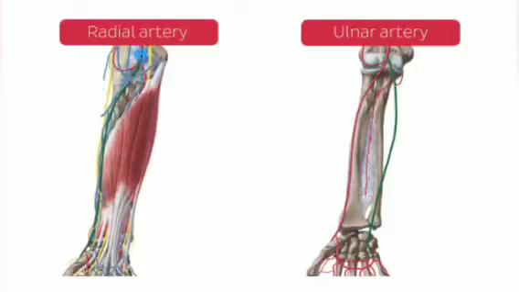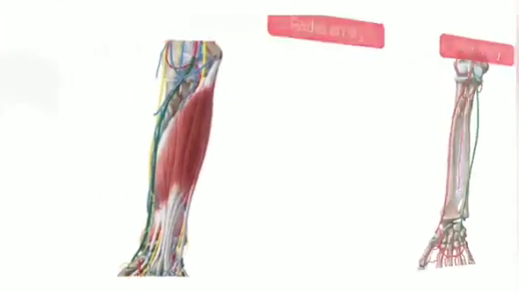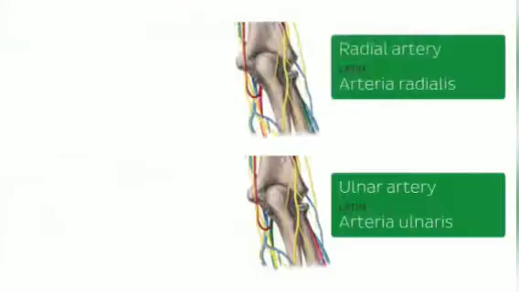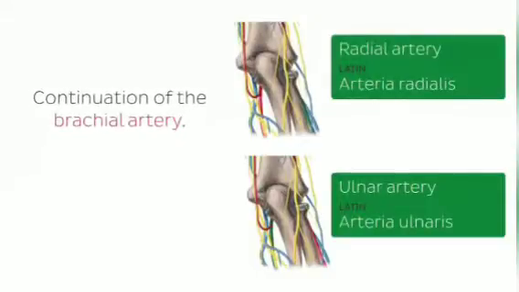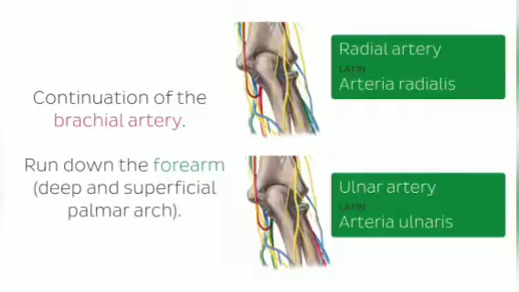And notice here that this is the brachial artery that is splitting up to become the radial and then the ulnar arteries. As I mentioned, both these arteries are a continuation of the brachial artery, and they run down the forearm in order to form an anastomosis in the hand known as the deep and superficial palmar arches.